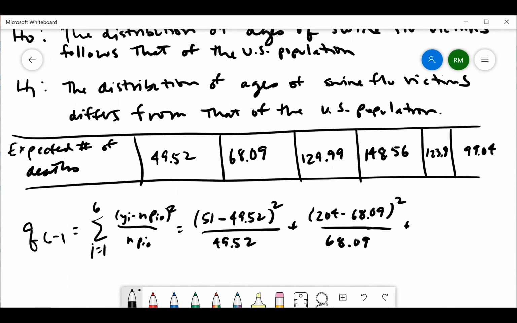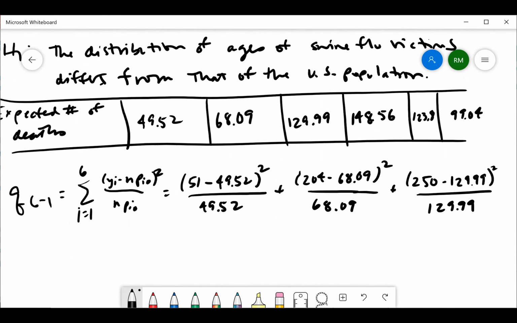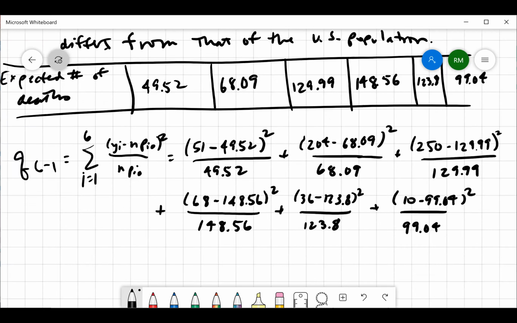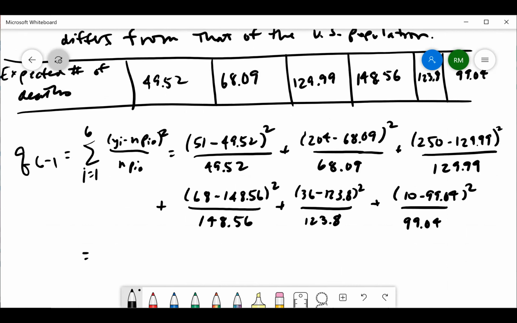And we continue in a similar fashion. If we add that all up, we will get a value of 568.13.